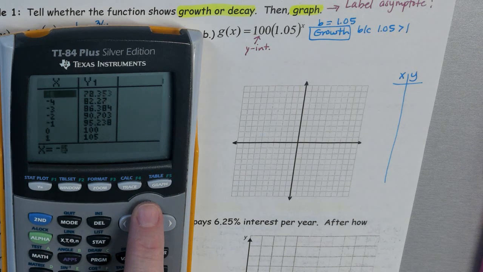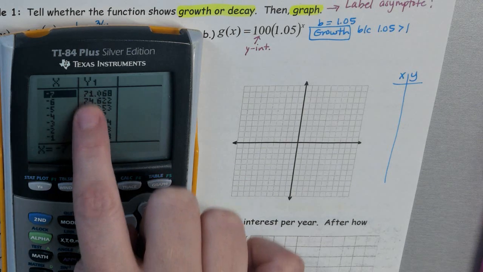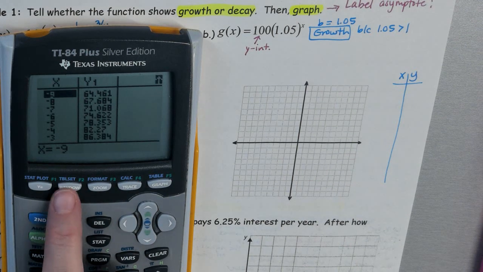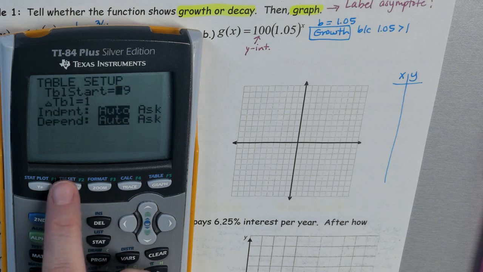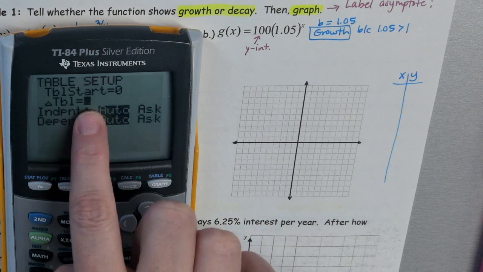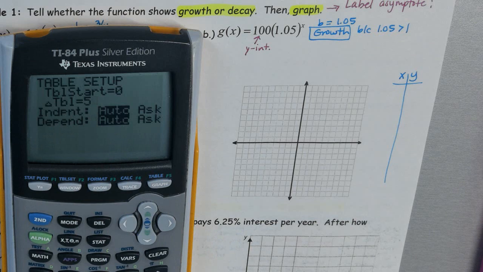Okay, so as this gets lower, the numbers are getting lower, but see, these aren't decreasing very quickly. So one thing you could do is you could do a different scale in your table set. So let's try that. Go to second, and then above your window button, it says TBL set, so table set. So we can start at 0, but let's make our increments go by 5s. And let's see what happens.